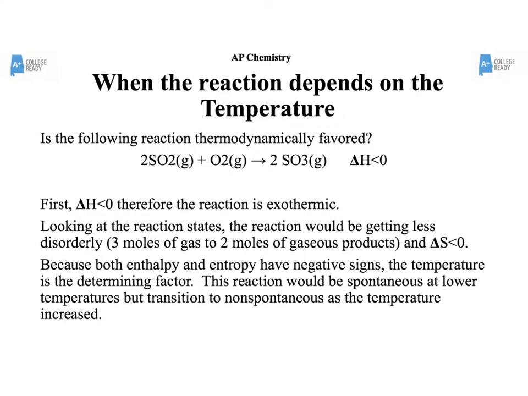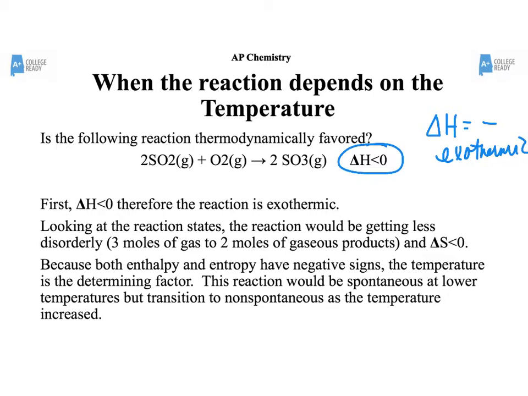So let's look at another reaction and see, is this reaction thermodynamically favored? We have sulfur dioxide plus oxygen making sulfur trioxide, and they give us some information about the enthalpy. It says the enthalpy is less than 0, which means delta H is negative, and this is exothermic.